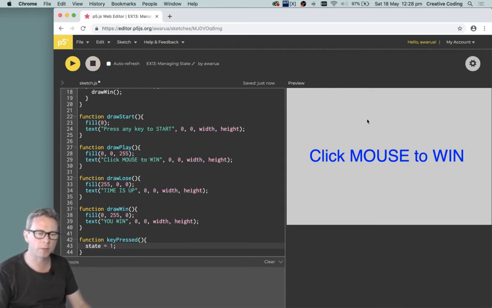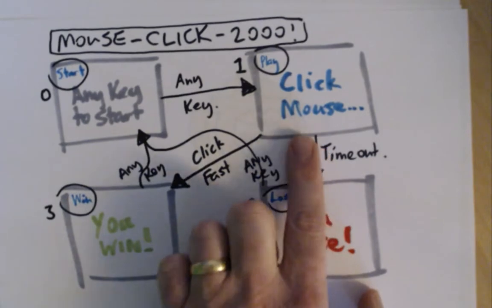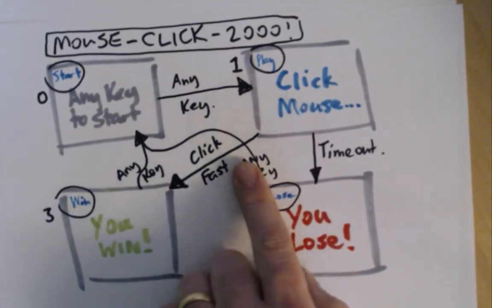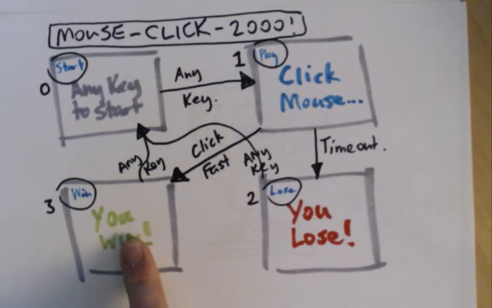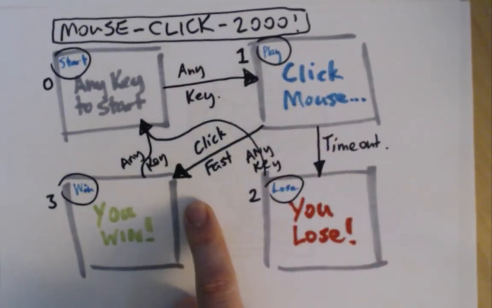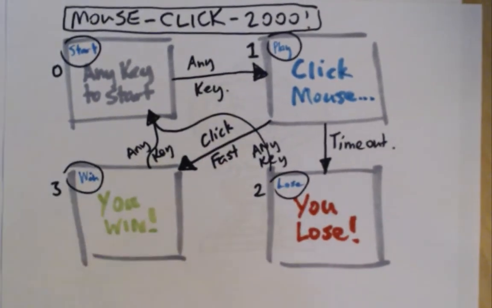All right, let's think about the next part. How do we get from here to actually winning? From the play state, if I click the mouse, I won't worry about the time at this point, but if I click the mouse, then I should win. So I can add a mouse handler, and any time the user clicks, we go into this win state.